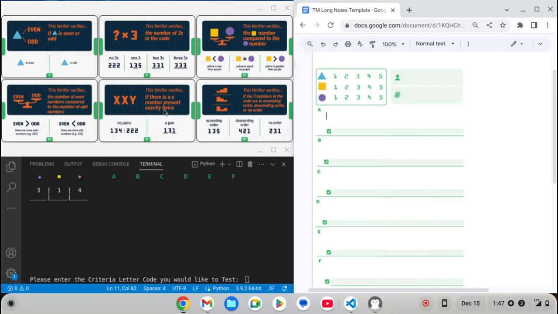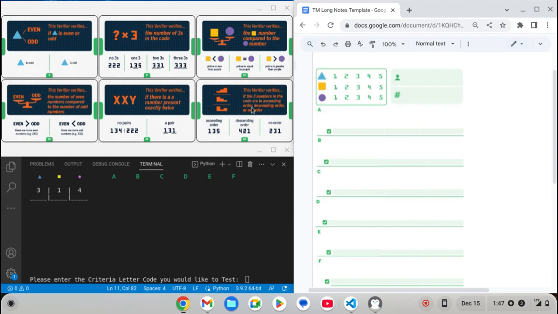Specifically, there are 2 cases. One where the 3-digit solution has a pair, as in the example 131, or alternatively, there are no pairs, but there are 2 scenarios. One where all the digits are distinct, as in the example 134, or all the digits are the same, as in the example 222.